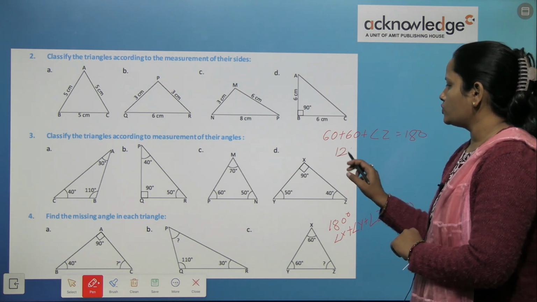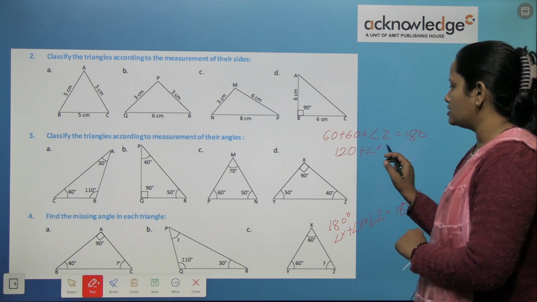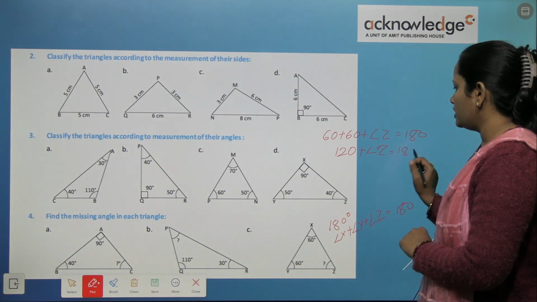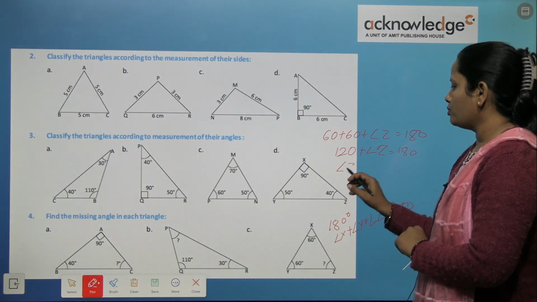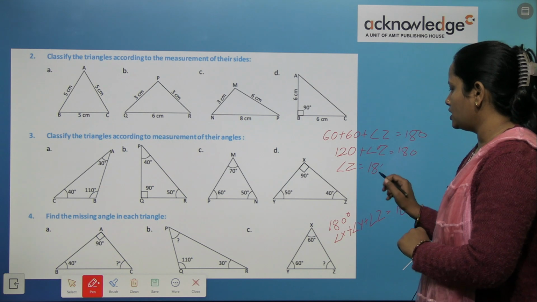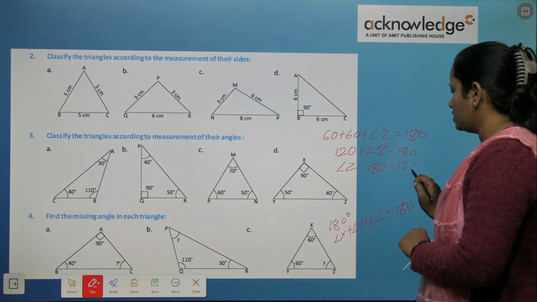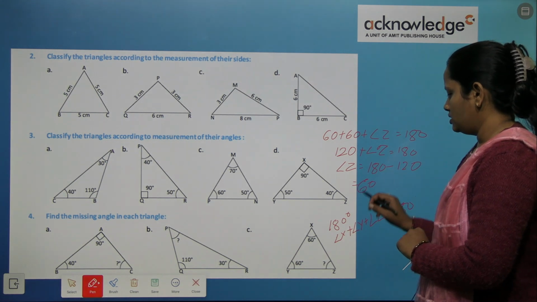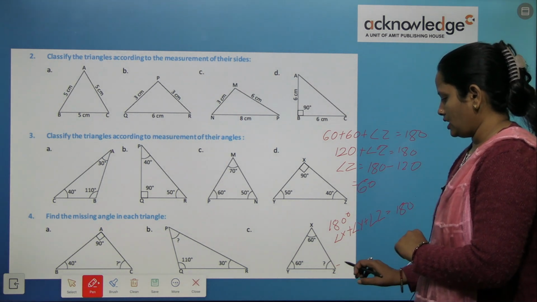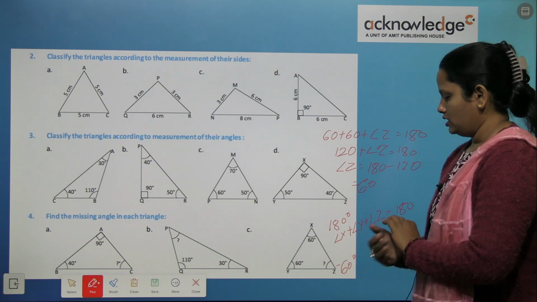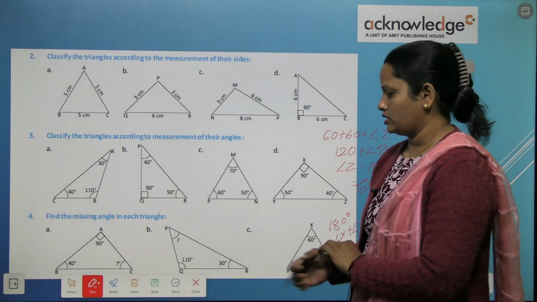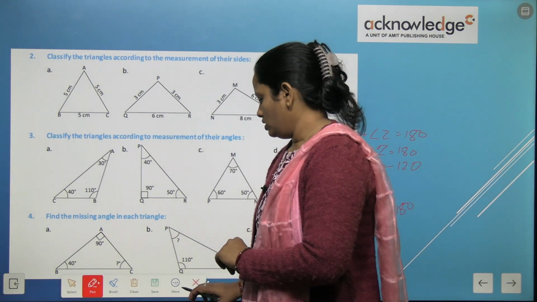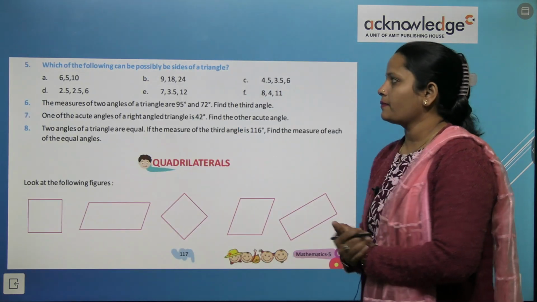Now it will be 120 plus angle Z is equal to 180 degree. अब एंगल Z को हम यही छोड़ देंगे. 180 degree minus 120 we have to do. Now it will be 60. So here this angle is 60 degree. Angle Z is equal to 60 degree. Similarly, you have to do the rest of the questions.